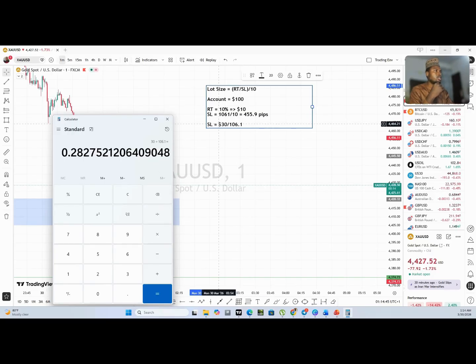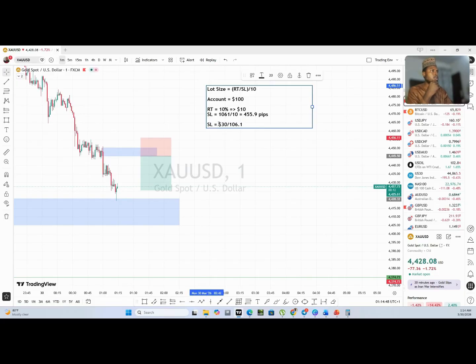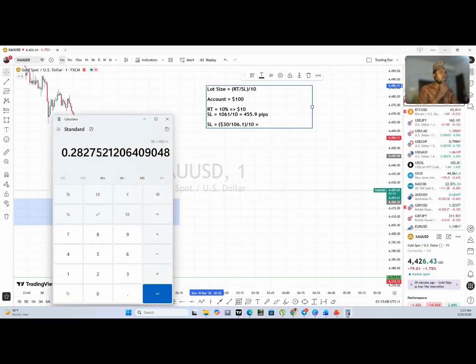The result that we got here, divided by 10, is going to be 0.03, because if we abbreviate this, that means 3.